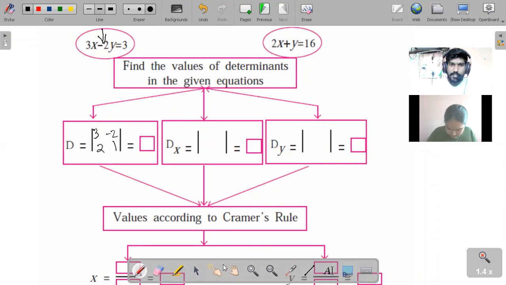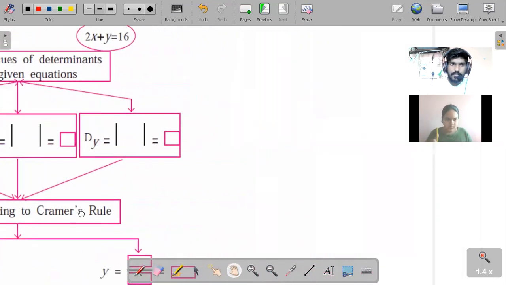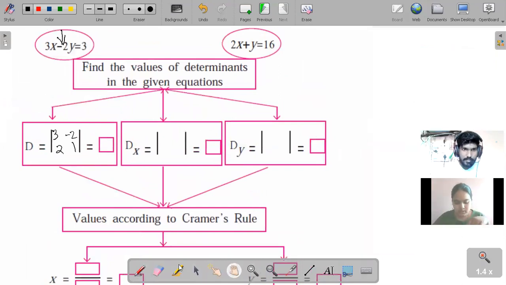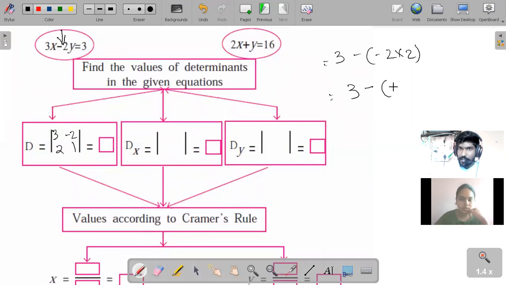Can you check? See, 3 ones are 3, minus -2 into 2 will give you a different answer. So you have 3 minus -4. Correct? Oh, sorry, I didn't mind the multiplication. So 3 minus into minus will become plus. So plus it becomes 4. 7. So you're 7.